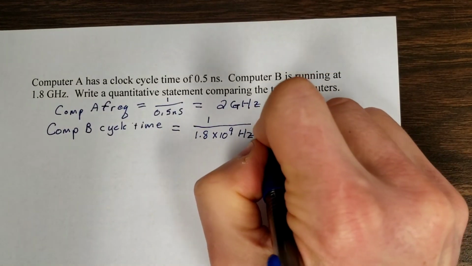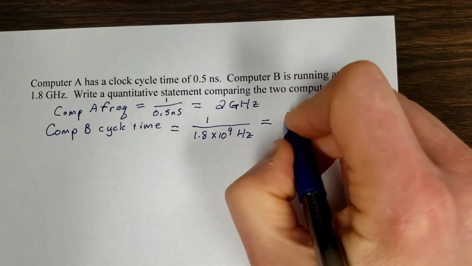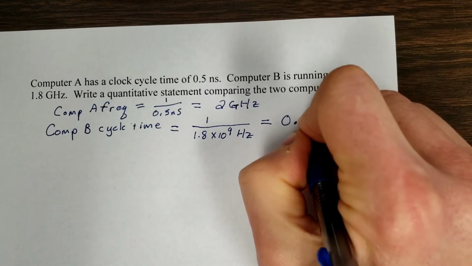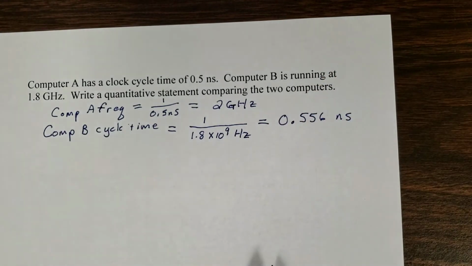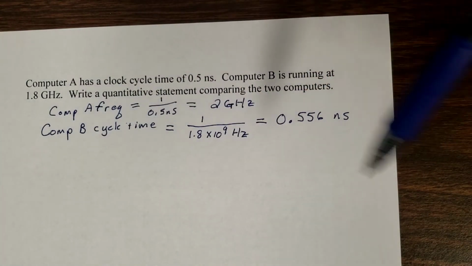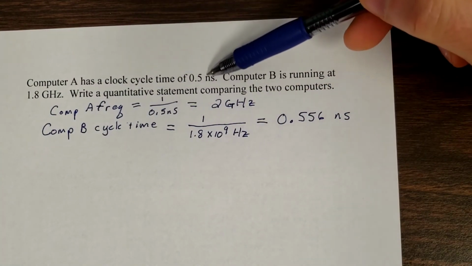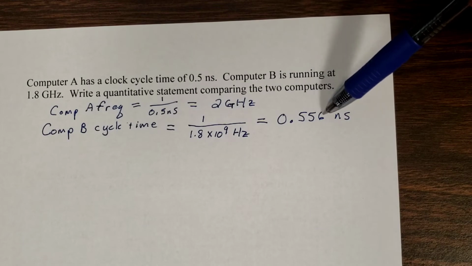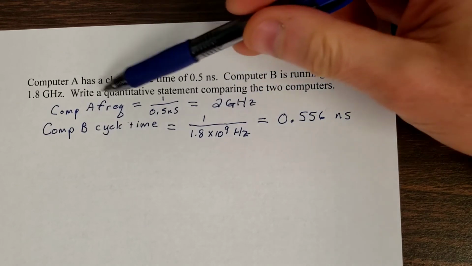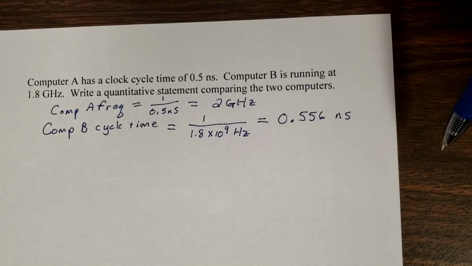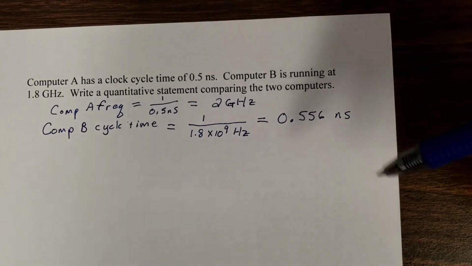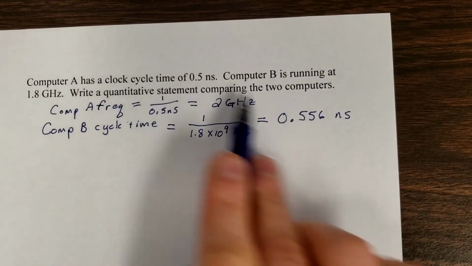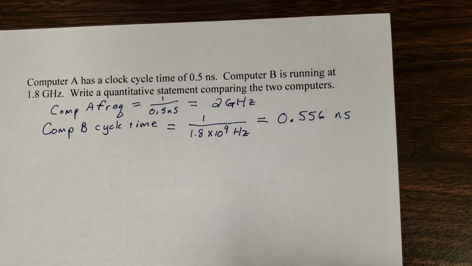And when we do the SI conversion, we get 0.556 nanoseconds. And again, now we can compare apples to apples. A has a shorter clock cycle time than B. B has a longer time per cycle than A. So we can compare either the clocks or the cycle times, and we can compare apples to apples in that case.